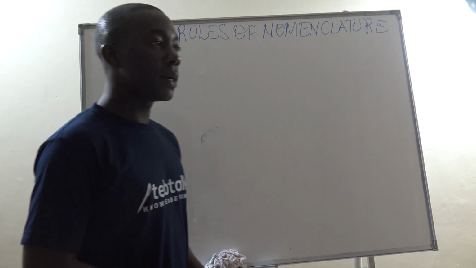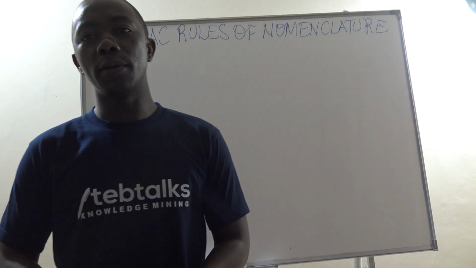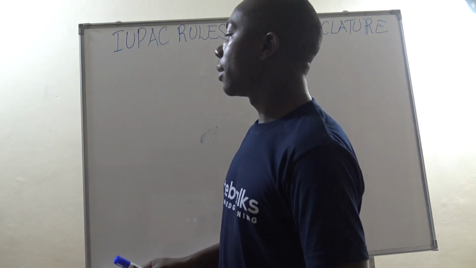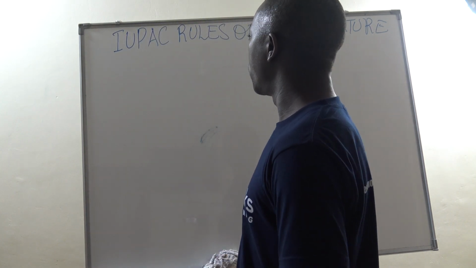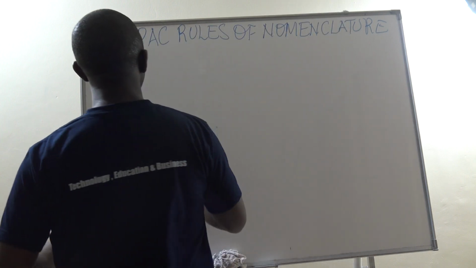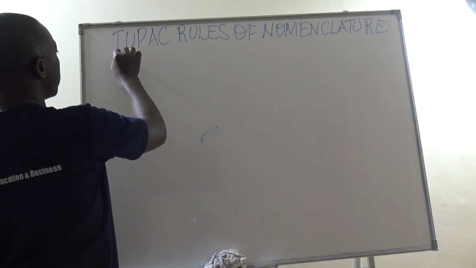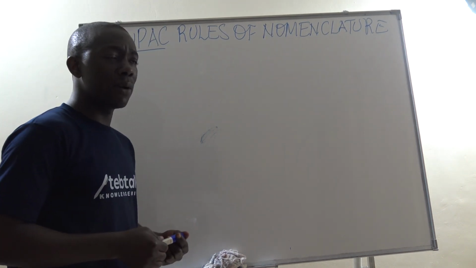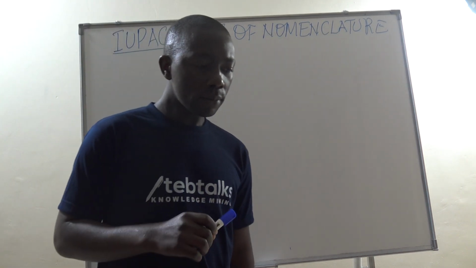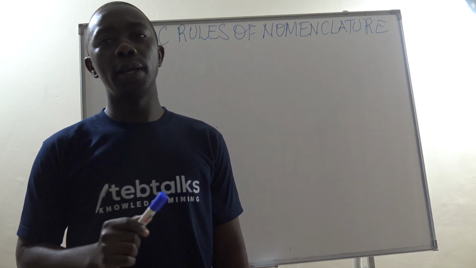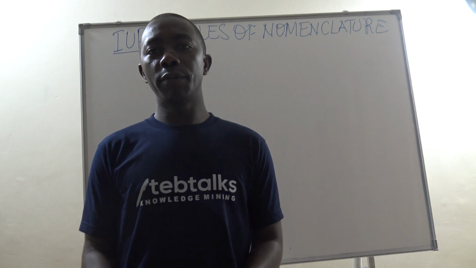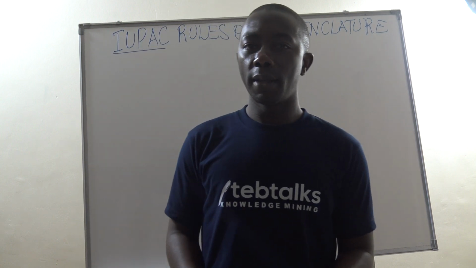We are still learning organic chemistry, and now we have gone to the IUPAC rules of nomenclature of organic compounds. It is important that we note a few things in this subtopic. What is IUPAC? Why was it developed? In the past, it was very hard to name because people would name the way they wanted, and each person would give a reason that this is right.